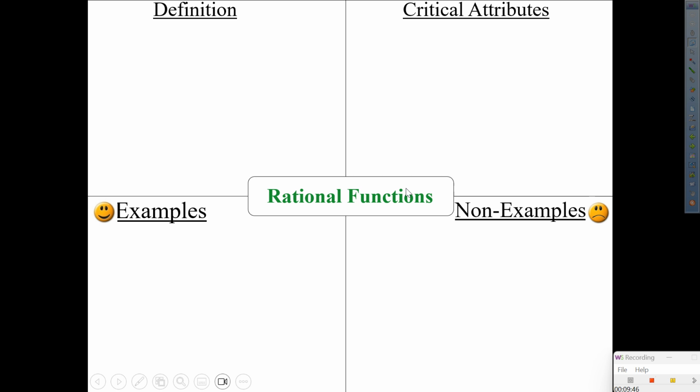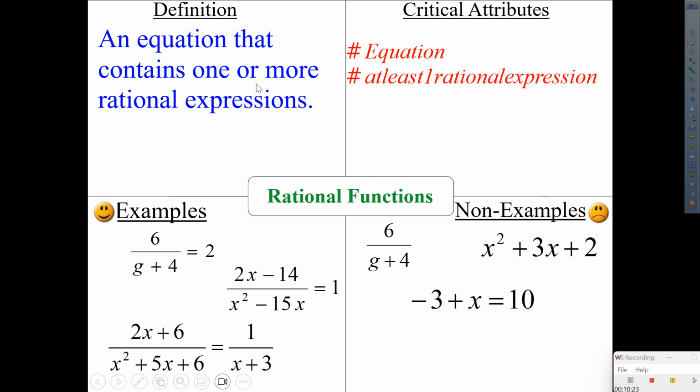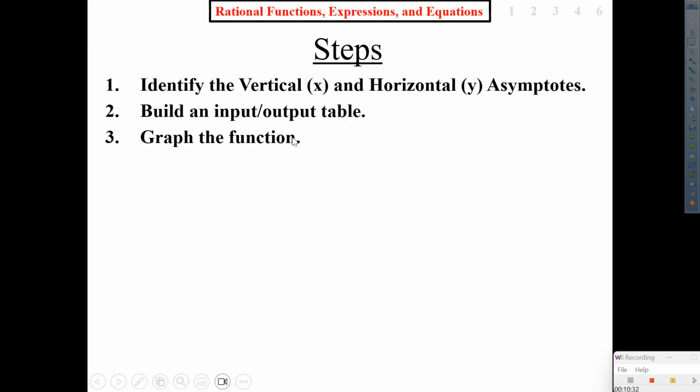All right. So, for the sake of time, look up to the screen. Rational functions are equations that contain one or more rational expressions, also known as fractions. Next, I gave you guys some steps. So writing utensils down, look up to the screen or you're going to miss it. Last week, these were the steps.